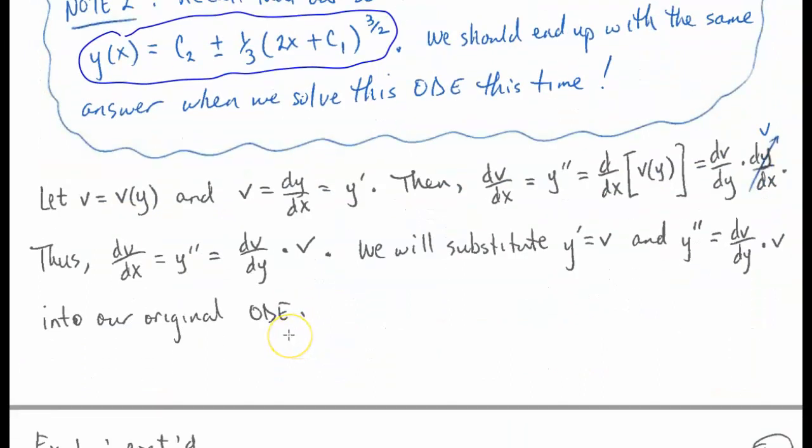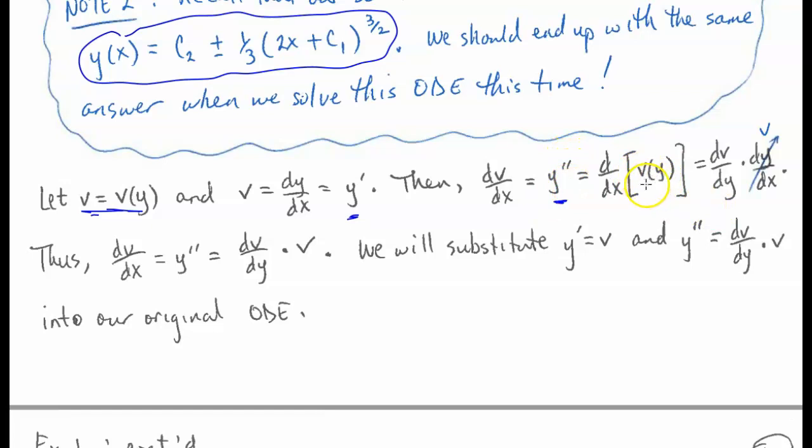All right, so here, just like I said before, we're going to let v be a function of y, but let v also be dy over dx, which we could call y prime. If we take the derivative of v with respect to x, that could be viewed as y prime.